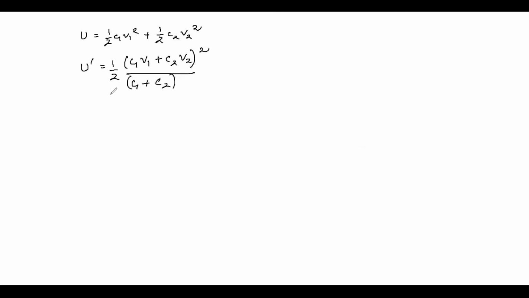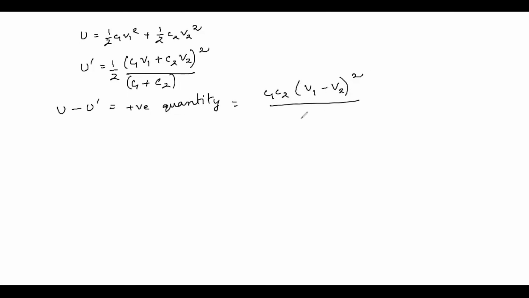When you find the difference between these two, you will have a positive quantity, which is C1 C2 into V1 minus V2 whole square divided by 2 into C1 plus C2. If you simplify by replacing this U value and this U dash value, you will have this positive quantity.